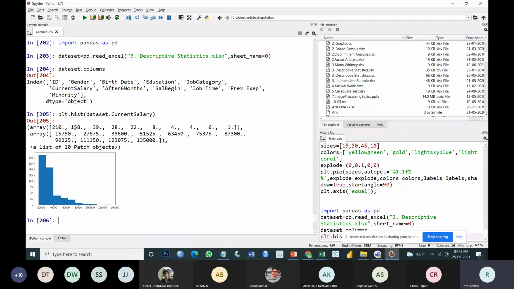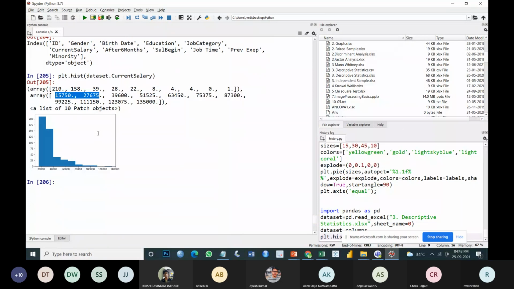Here there are 210 records where the current salary is between 15,750 and 27,675. There are 210 employees getting a current salary between 15,750 and 27,675.